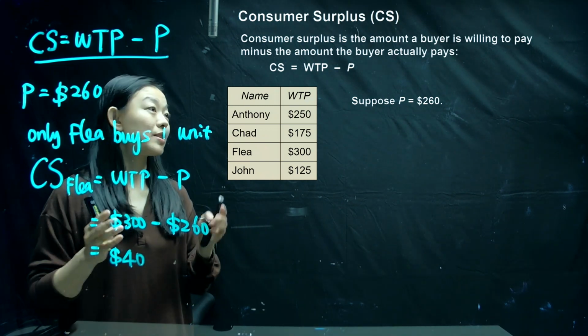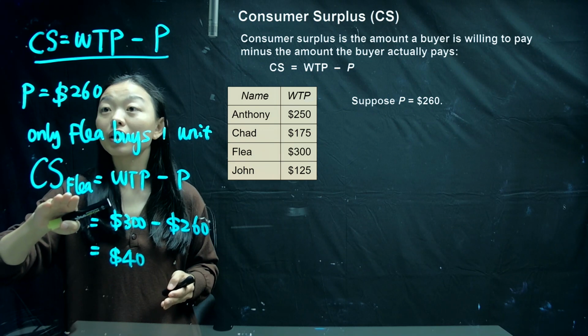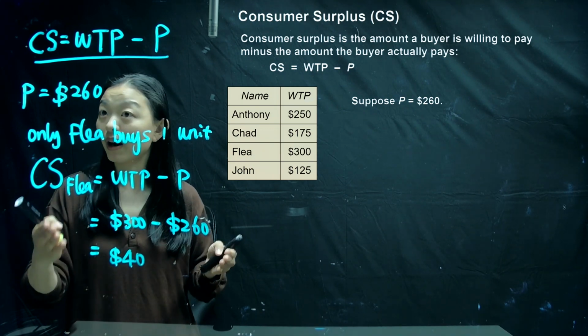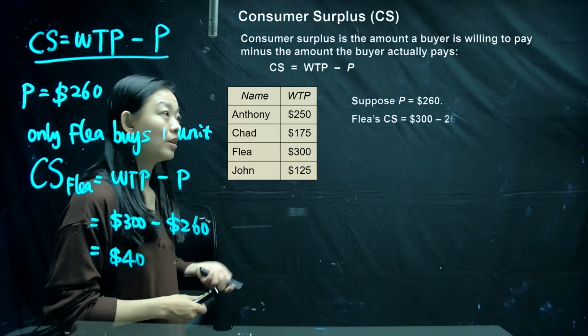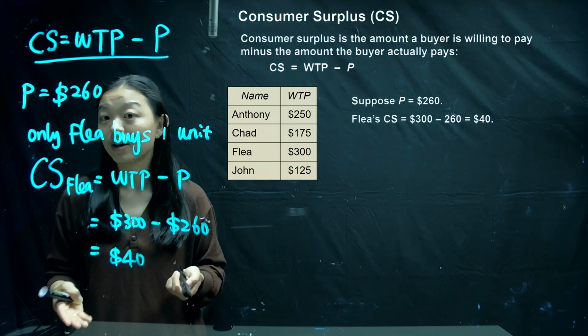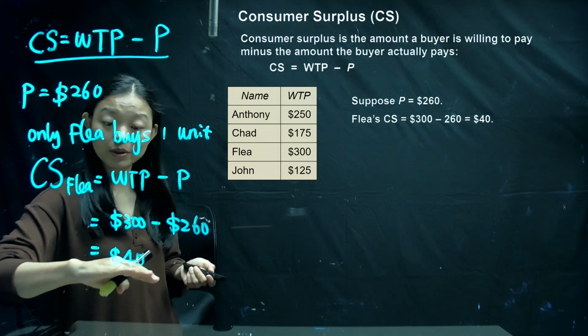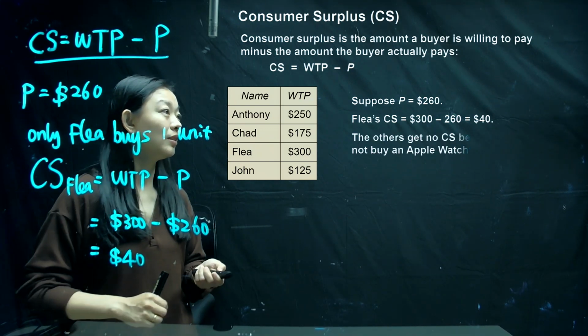And as this market now only has four buyers, this consumer surplus is also the market consumer surplus. So Flea's willingness to pay is $300, subtract the price $260, we have the consumer surplus equal to $40.